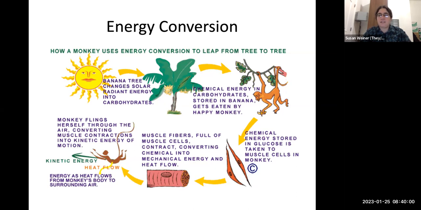And that glucose is taken to the monkey cell, which the muscle cell can now convert that glucose into ATP, another form of chemical energy, and then use that ATP to produce kinetic energy in its muscles, to contract the muscles. When that happens, some energy is going to be lost as heat to the surrounding area. Every time there's a conversion process, some energy is lost as heat.